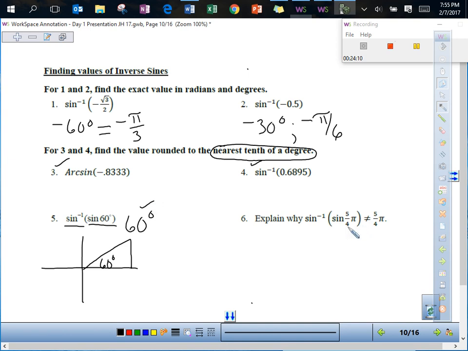But it's not going to work on this one. The reason it worked over here is that the sine uses quadrants 4 and 1. Check this one out, though. If I go negative pi fourths, negative 5 pi fourths, 5 pi fourths is going to be way over here. We don't use the third quadrant.